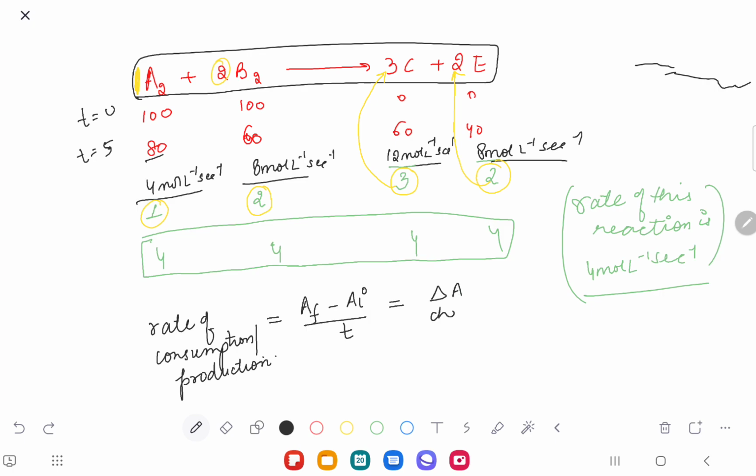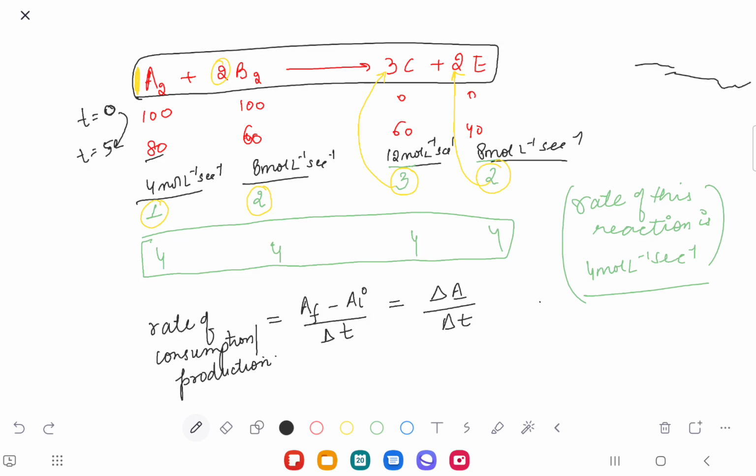Delta means change in the concentration of A over time. So can I simply say that it is delta A over delta T? Because time has also changed from 0 to 5. Are you understanding?